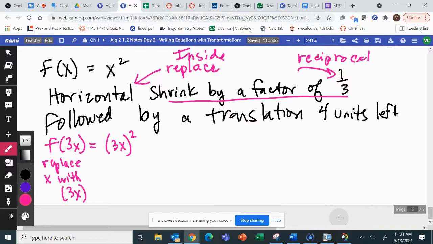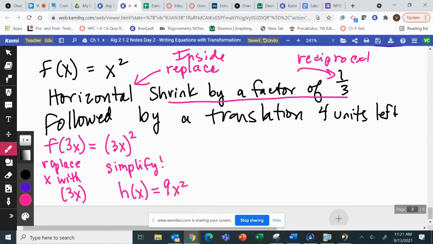It doesn't really matter for this question so much. Are we okay with simplifying real fast? Normally I say if it says followed by, then simplify. So I'm going to have my h of x as, what is 3x squared equal to? 9x squared.